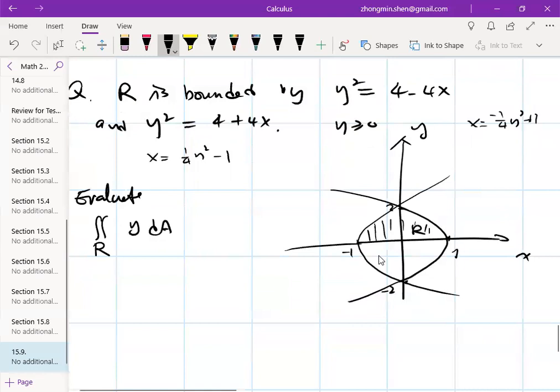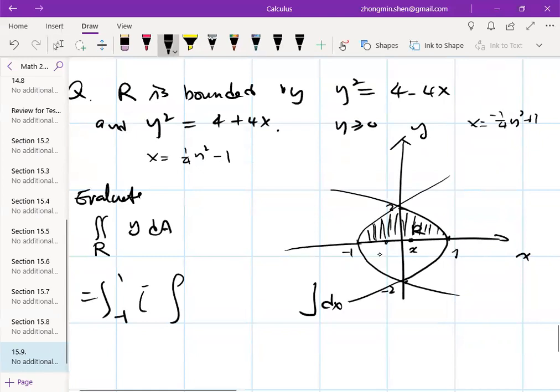Looking at my picture, I use a vertical line to fill the region, so x is between negative 1 and 1, dx. The only problem is the y value.